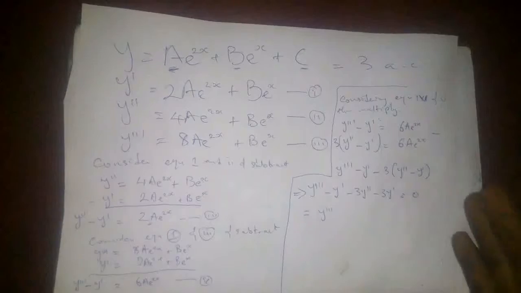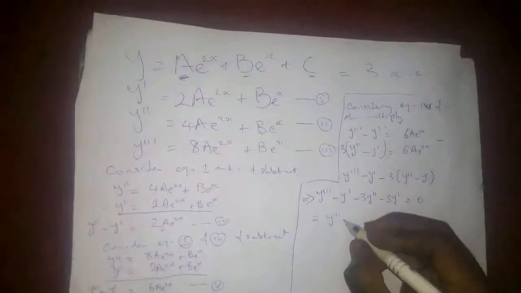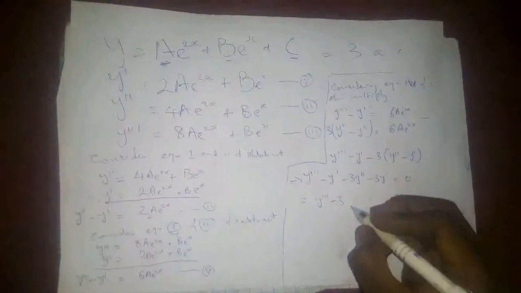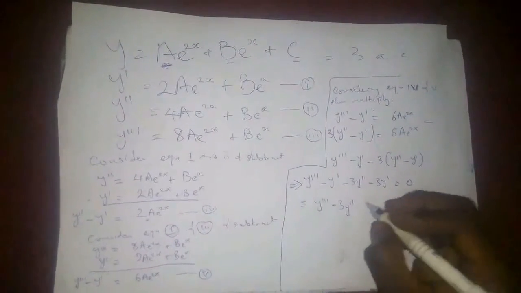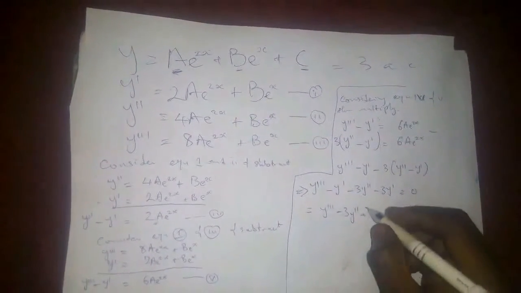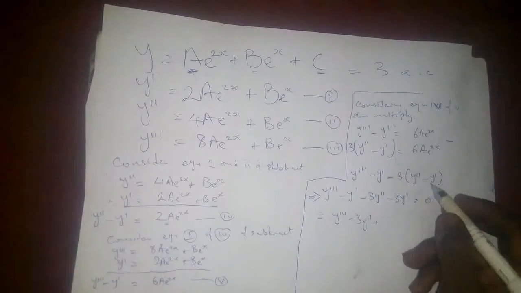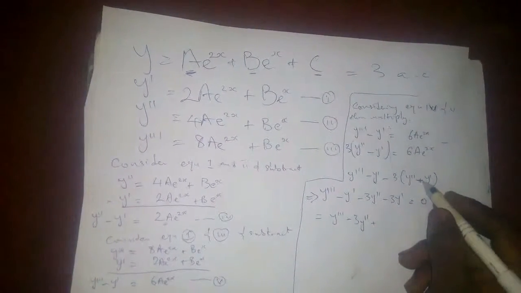So the final answer should be equal to y''. Taking them based on their powers, you get minus 3y'... Oh sorry, this should be a minus.